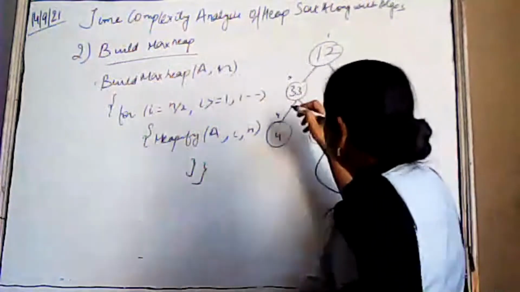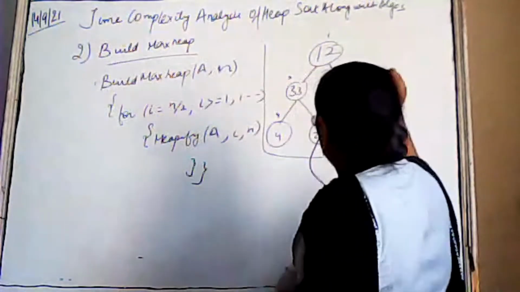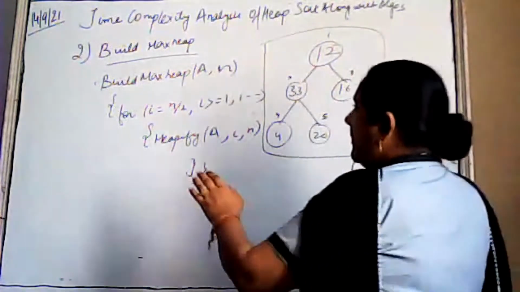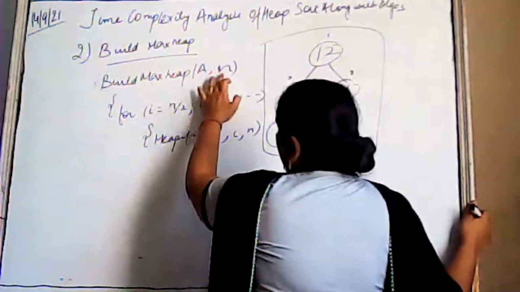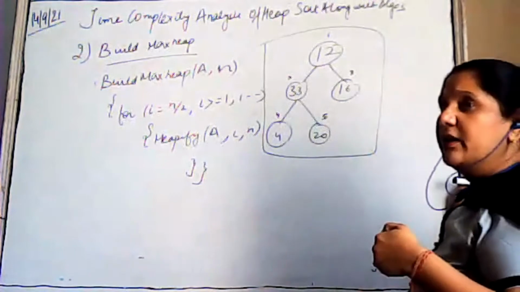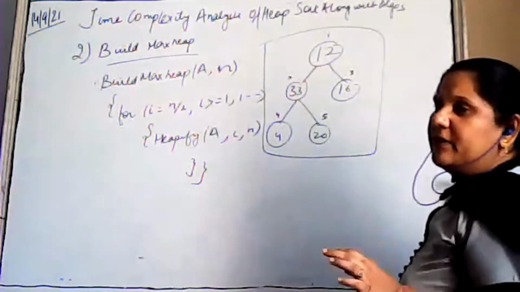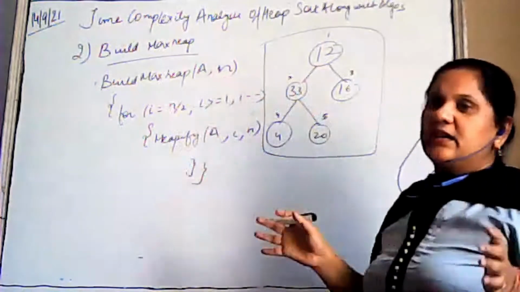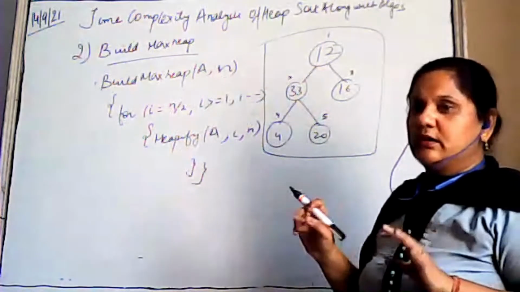This is the tree which is given to us, and we will try to follow this algorithm in order to build the max heap. Build max heap takes A and n, that is, the array of elements which would be passed to this procedure, and n will be the number of elements in the array.